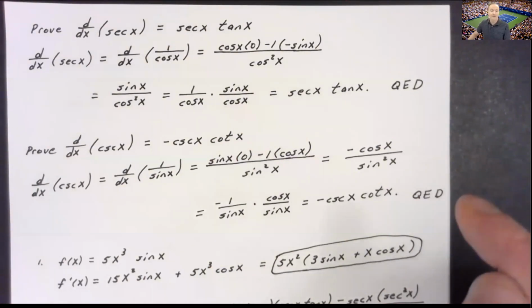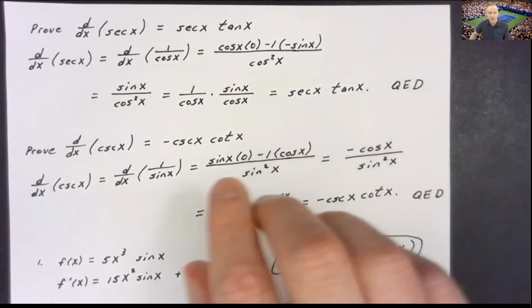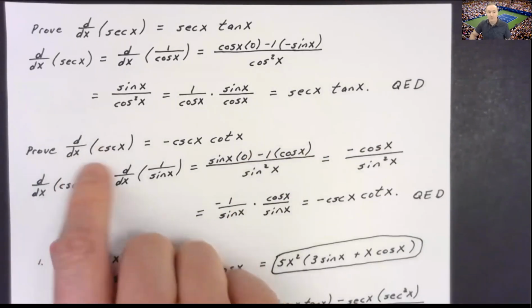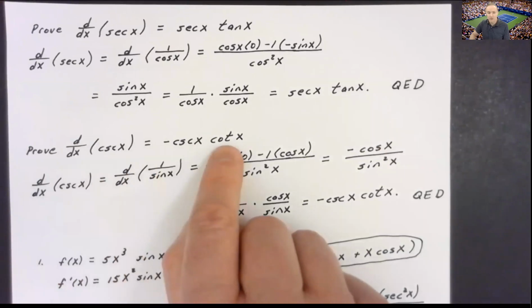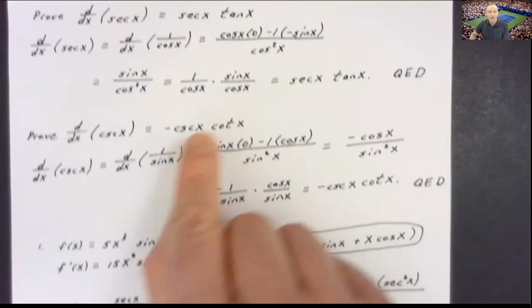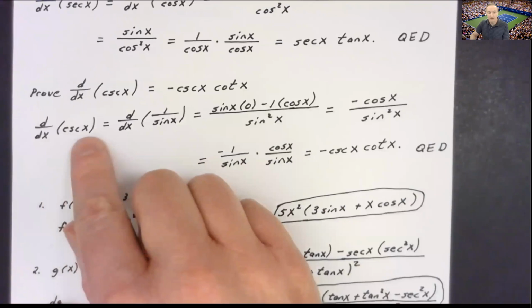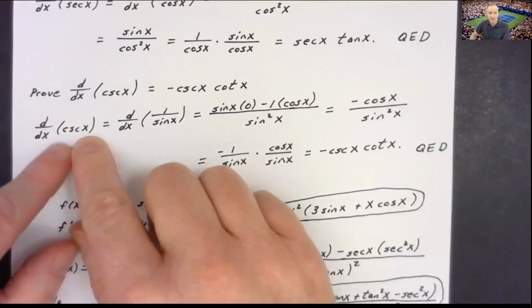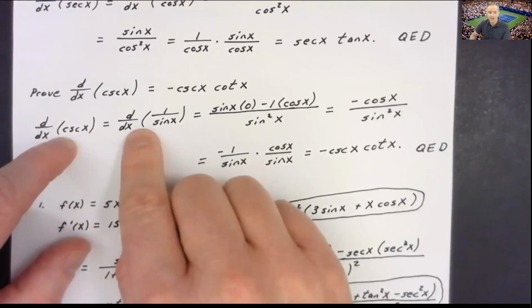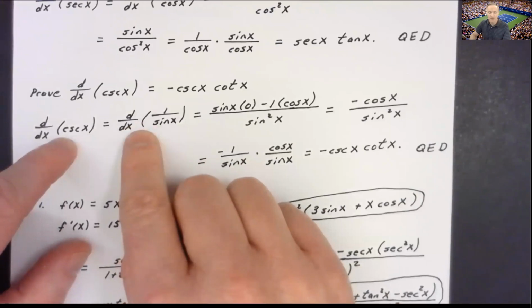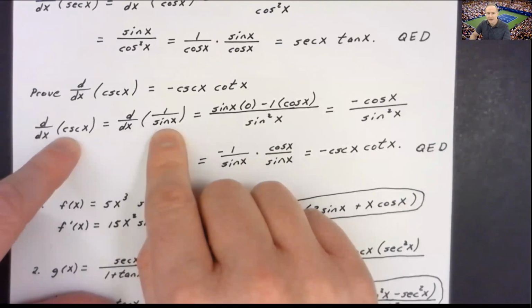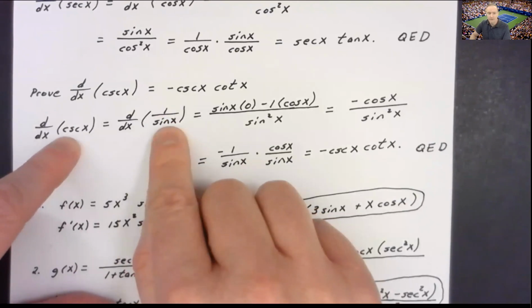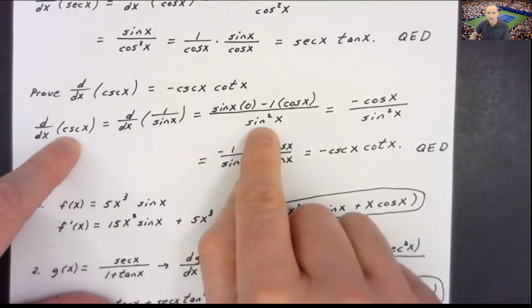For the last of our 6 trig derivatives, we're supposed to prove that the derivative of the cosecant function is negative cosecant x cotangent x. Okay, so derivative with respect to x of the cosecant of x. That's the same thing as saying what's the derivative with respect to x of 1 over the sine of x. So then I can say quotient rule on this. Square the denominator.